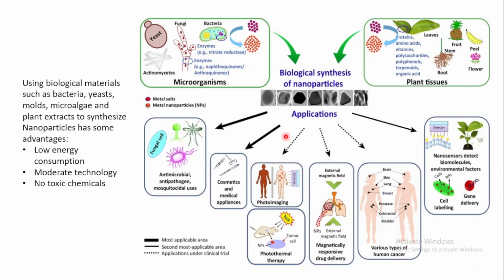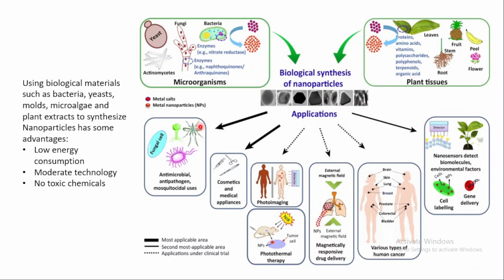And then this can be used in applications like antimicrobial, antipathogen, mosquitocidal uses, right? Because these nanoparticles can deliver antimicrobial agents and kill any infection. So many nanotechnology based medicines have now been developed which can treat microbial infections, pathogen infections, and mosquitocidal uses.